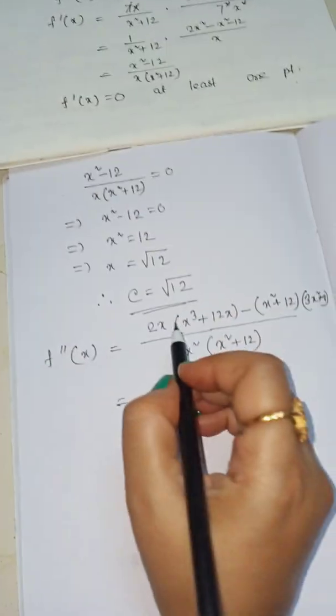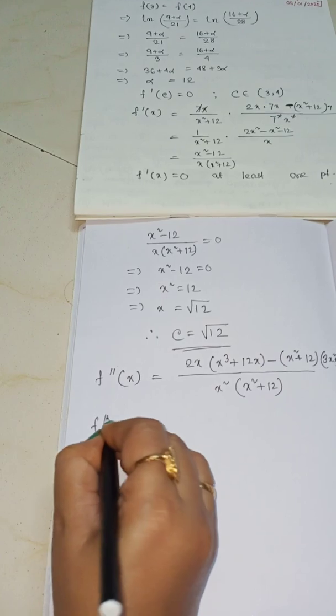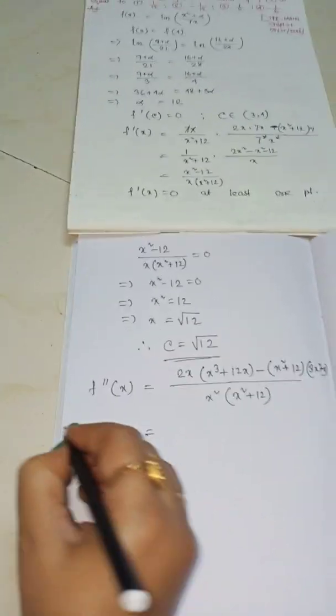Now putting c = √12, it is obviously f''(c).